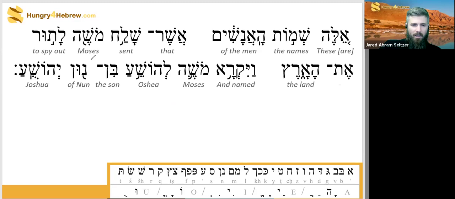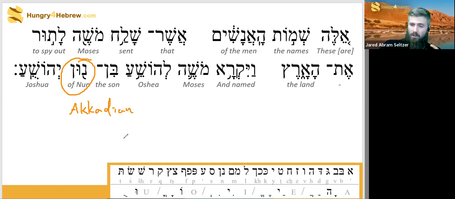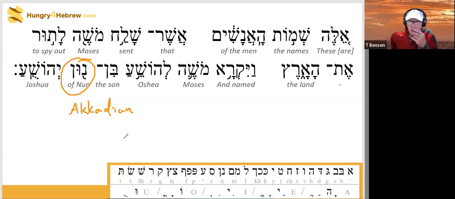We don't get to see Nun being used as fish very often, but in Akkadian it is used for fish, or prosperity, having to do with the multiplying of fish. It's also in John.